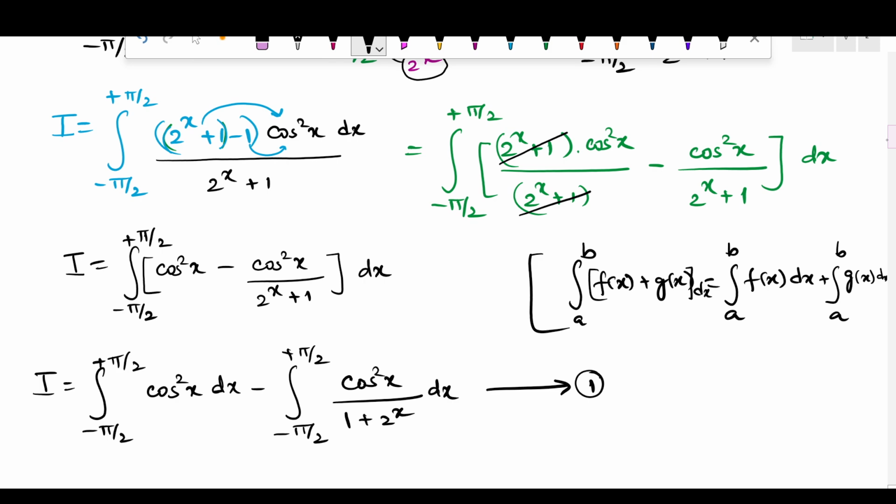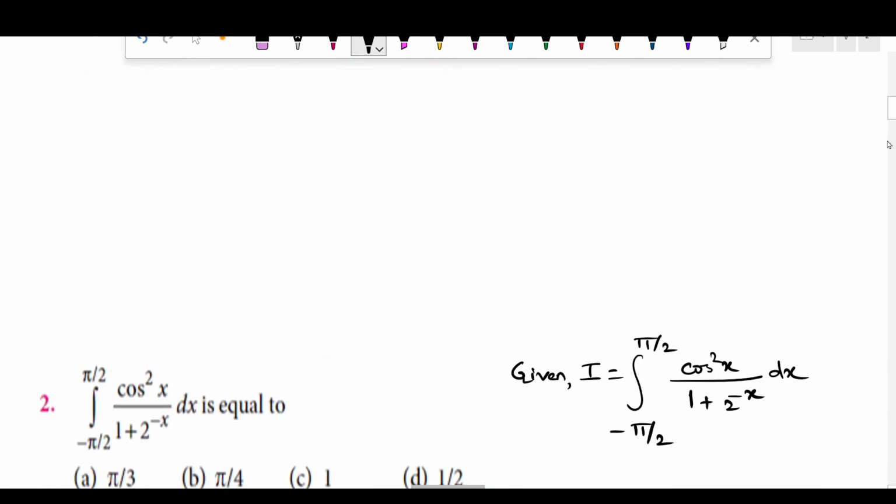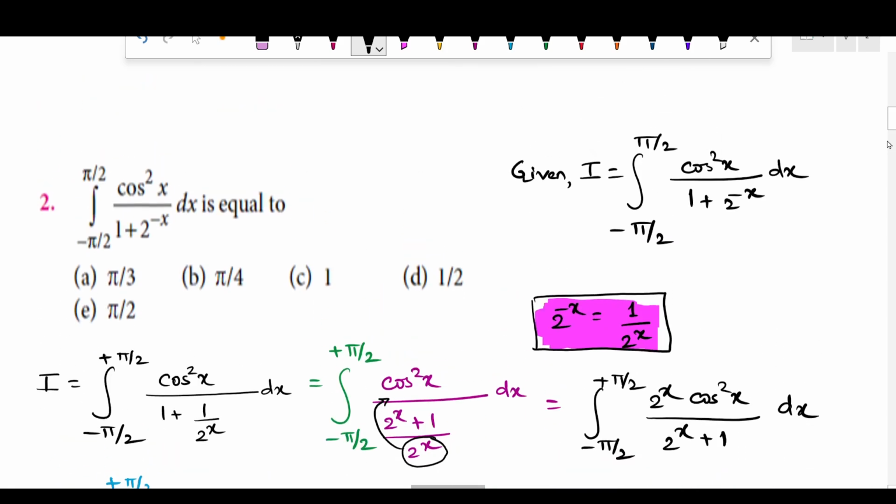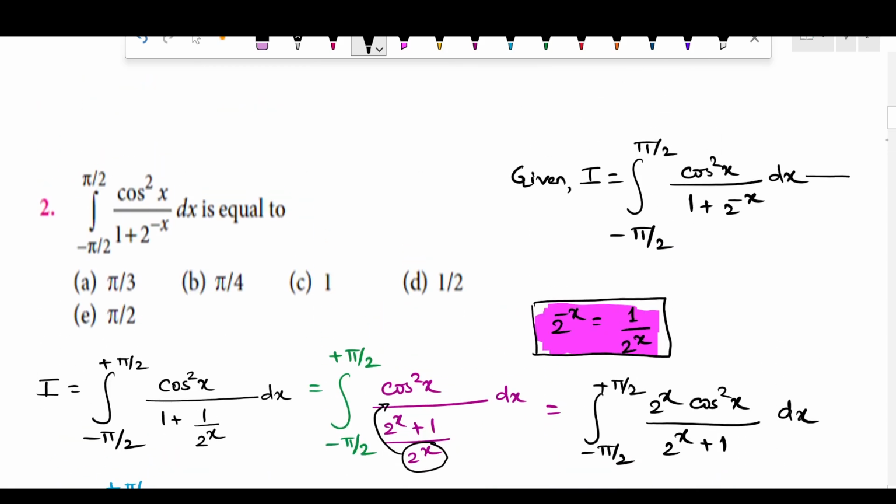Am I clear till this point? Right. Now see, you were given this question, name this, say, as equation number 2.